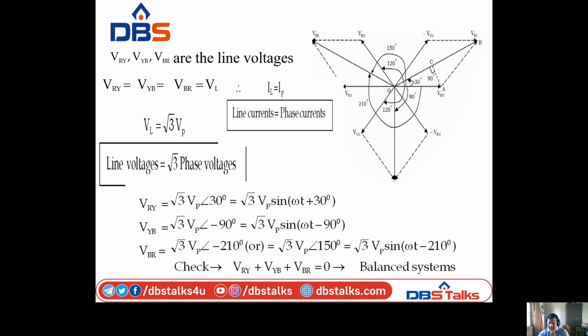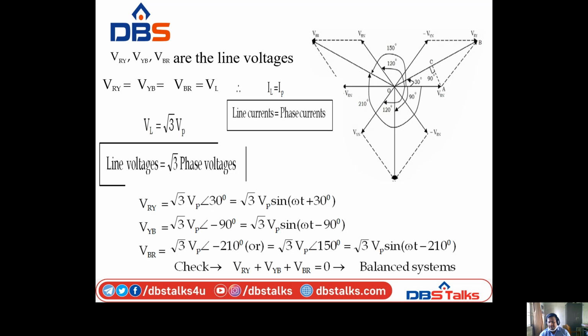From that VRN, 120 degrees is VYN. From that VYN, another 120 degrees is VBN. Otherwise, from VR plus 120 is taken as VBN. So the three phase voltages are displayed with 120 degrees between them.